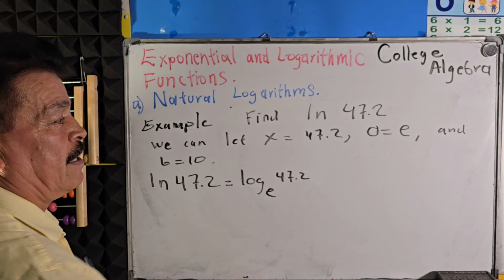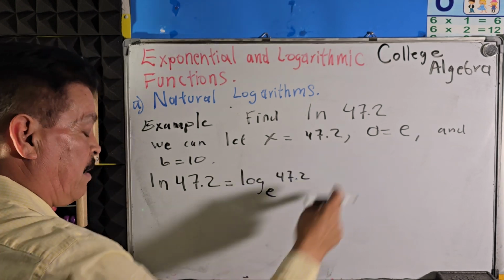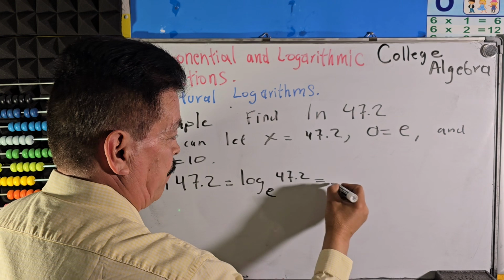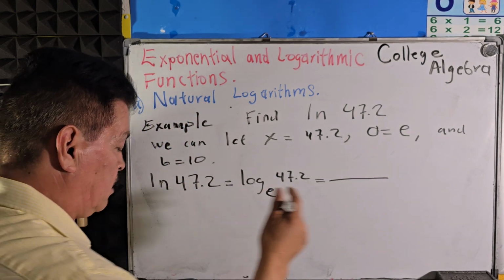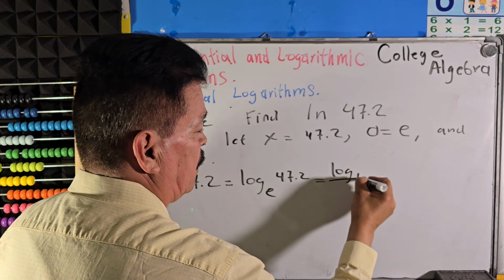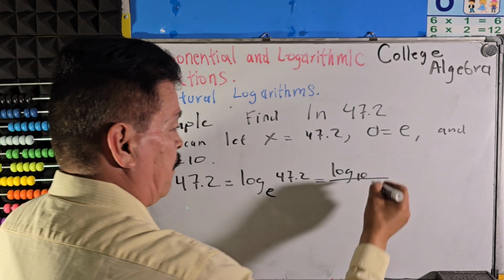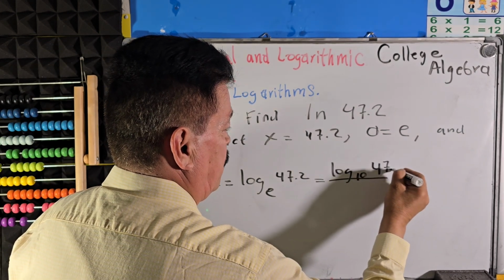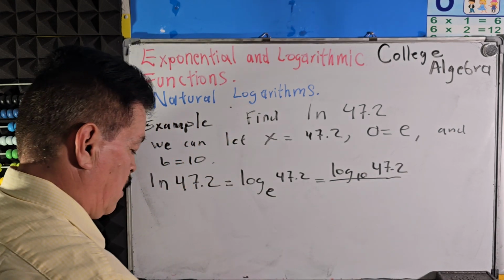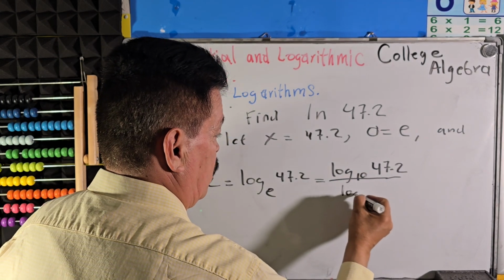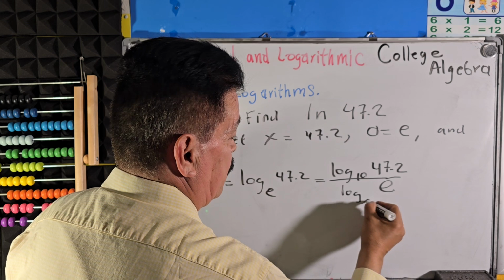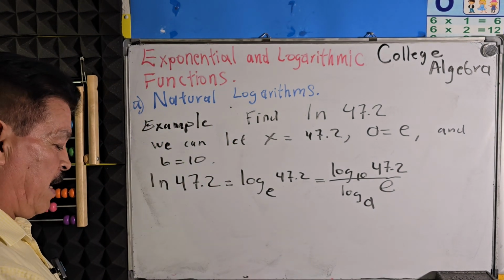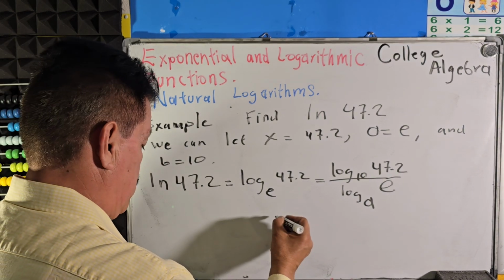So this is equals the log with base 10 of 47.2 divided by log of e with the base 10. All right, see? So now simplify here.